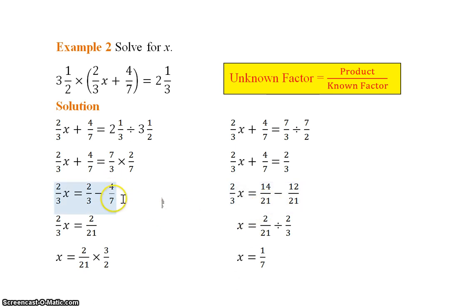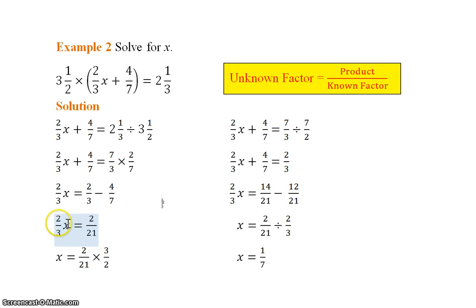And the numerator and the denominator of the second fraction we multiply by 3. 4 times 3, 12. 7 times 3, 21. Now we can subtract 14/21 minus 12/21 is 2/21.